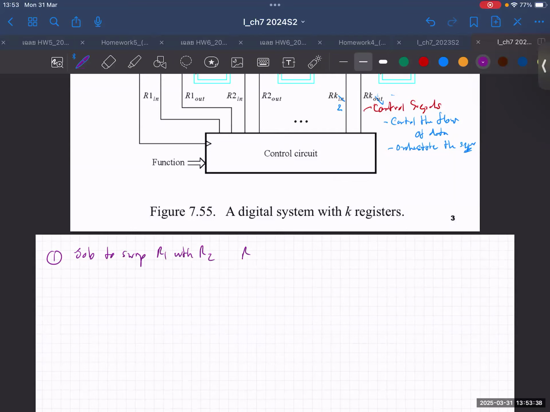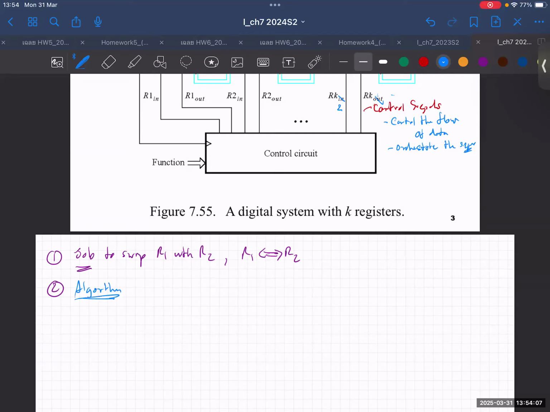You can use a symbol like this to swap. So that's the command. We call it the command: swap R1 with R2, right? Then what is level 2? Level 2 is the algorithm. You have to figure out the algorithm, right? So that's the job, and the second level is the algorithm.